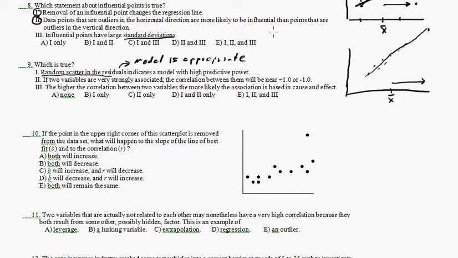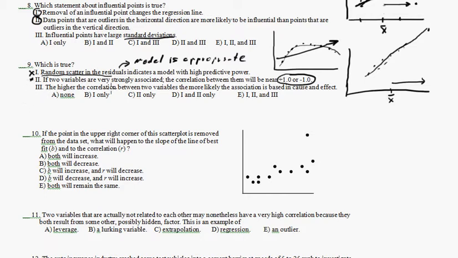Well, that's not completely true either, because you can have a very strong association and maybe some equation fits right through it perfectly, but it's not linear, so you would not get 1 or -1 because it's not a linear relationship. So that's not true.